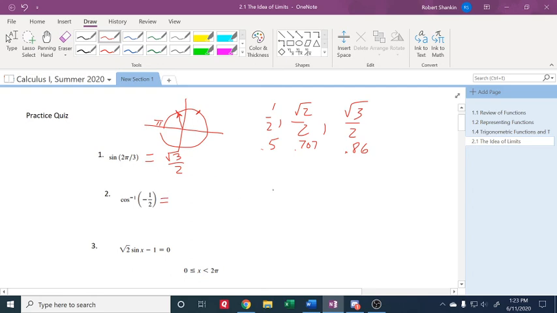This one is asking the inverse cosine of -1/2. It's asking what is the angle when you take its cosine. Now the cosine gives you the x-coordinate. What is the angle whose cosine is this? So it's got to be directly above that.